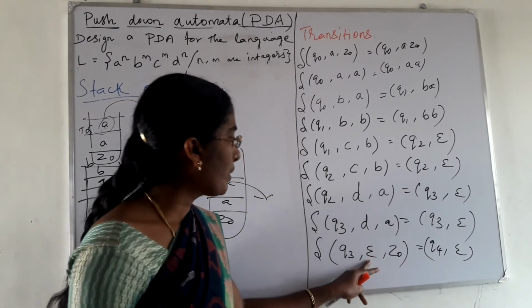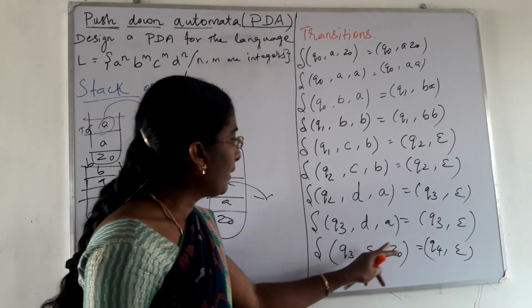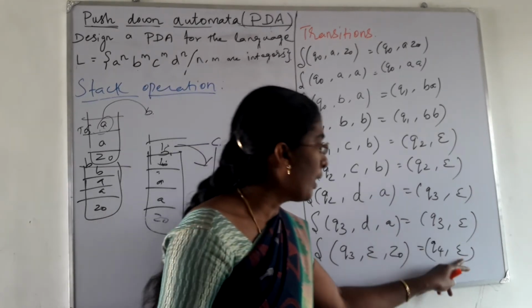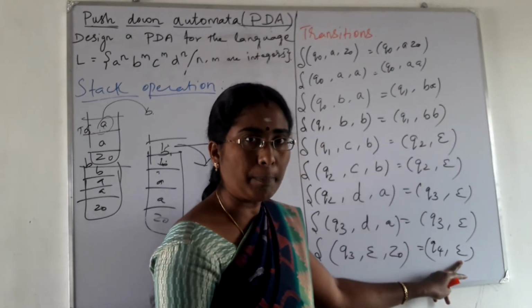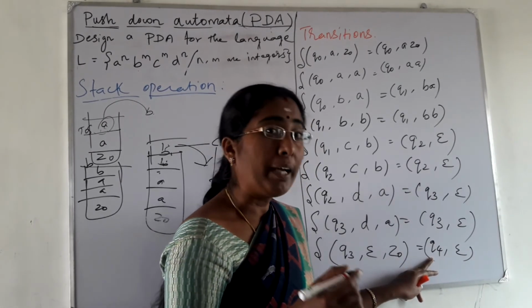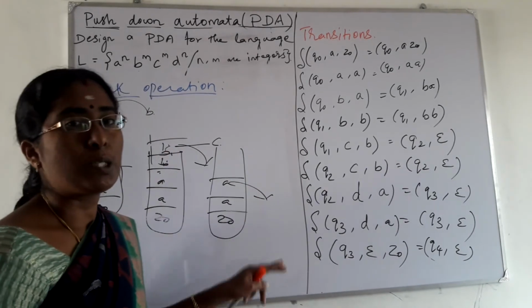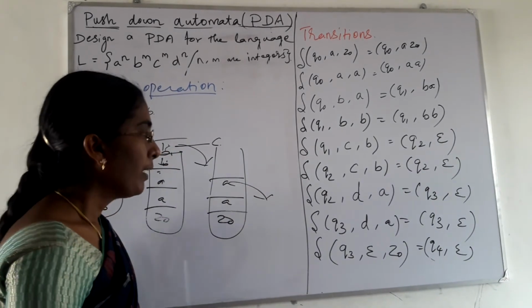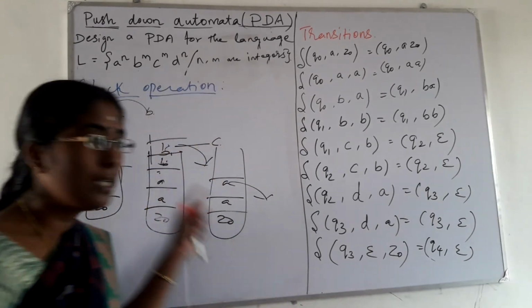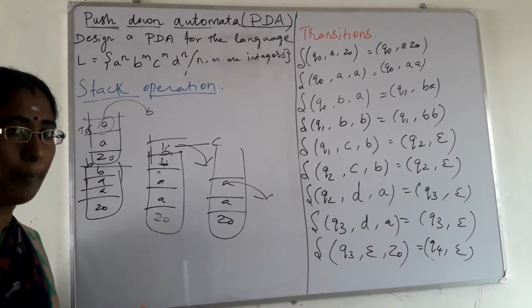There is no input symbols present here and the stack is also empty. Only the top of the stack is left, and that is also popped out, so it is represented by using the epsilon symbol. Here Q4 is called the final state and the given string is called the accepted string. So this is how we write the transitions by explaining the stack operation.